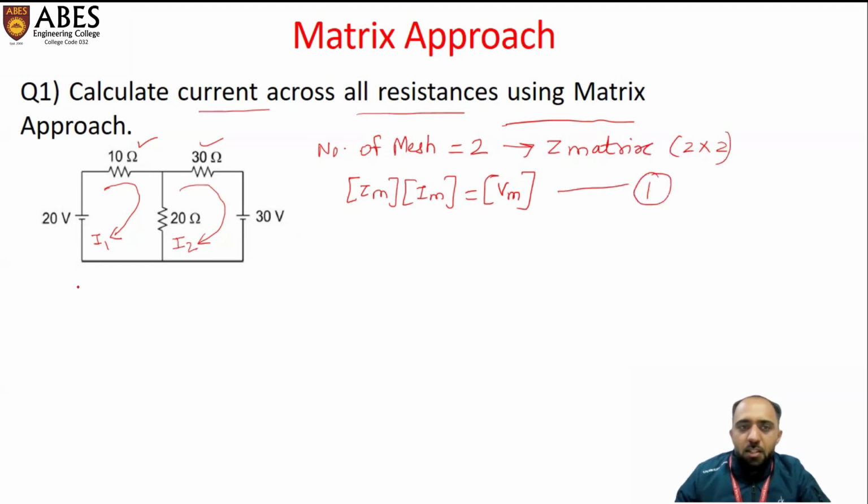Now we need to write the Z matrix. We have decided the size of this matrix will be 2 by 2. So I'm writing here Z11, Z12, Z21, and Z22. Z11 and Z22 are the self impedance or resistance, and Z12 and Z21 are the mutual resistance or impedance.